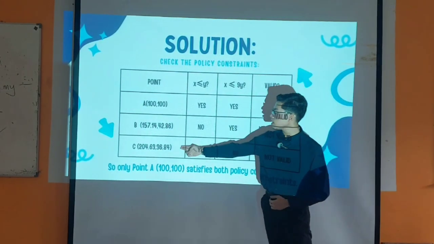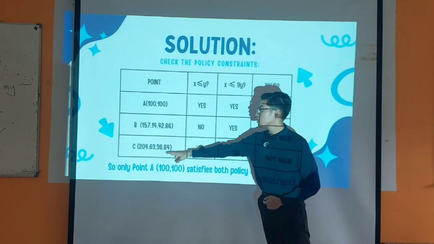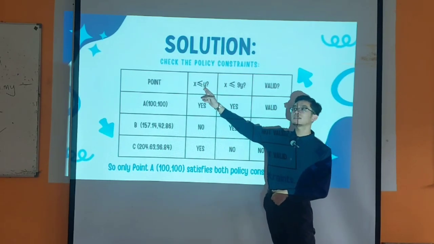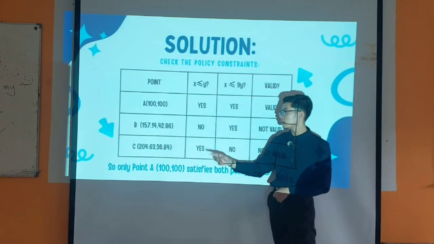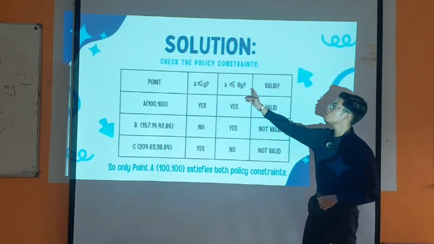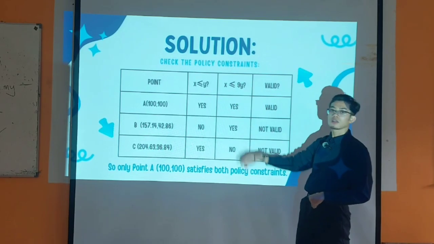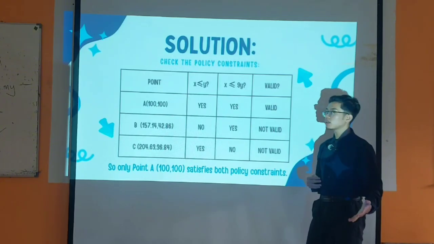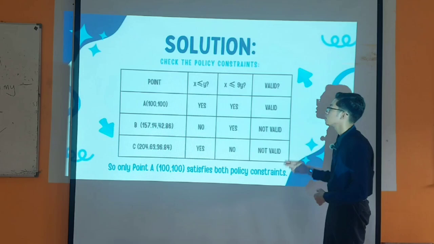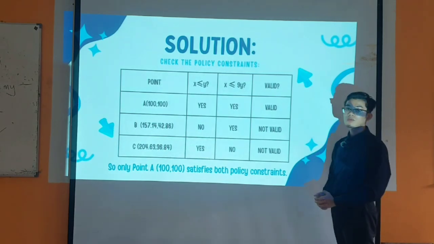For point C, the last point, does x less than y? Yes, but does x less than or equal to 9y? No. When we calculate it, we will not get it. So is it valid? The answer is not valid.